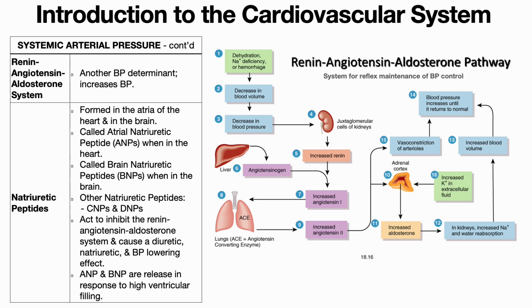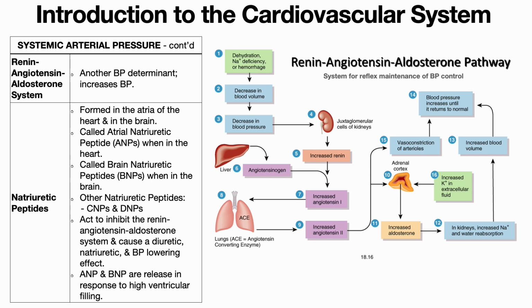ANP and BNP are released in response to high ventricular filling, like for instance, a fluid overload or failure of heart muscle to perform its function. The levels of peptides are linked to heart failure.